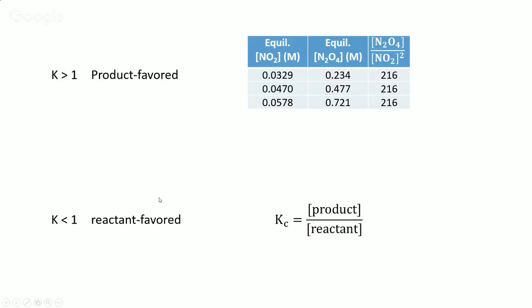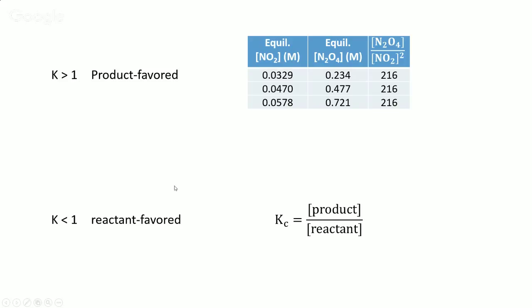Because going back to what we said about how we define the equilibrium constant, it's just a ratio of product over reactant. I mean, we factor in stoichiometry, but at the end of the day, it is a ratio of product over reactant. So if you have a product favored system, if the forward direction is the one that's favored, you should have more product at the end, and so this ratio should be bigger than 1.